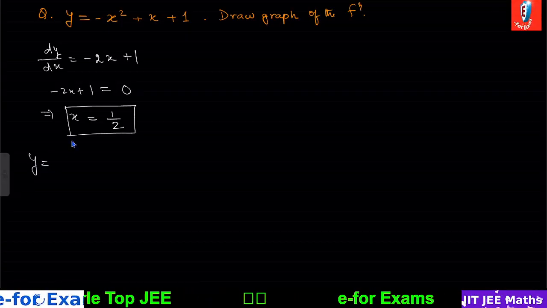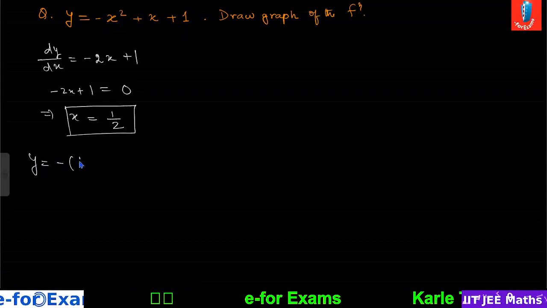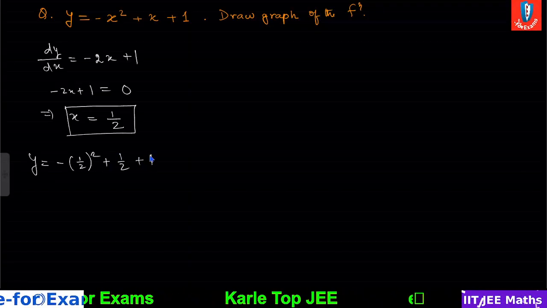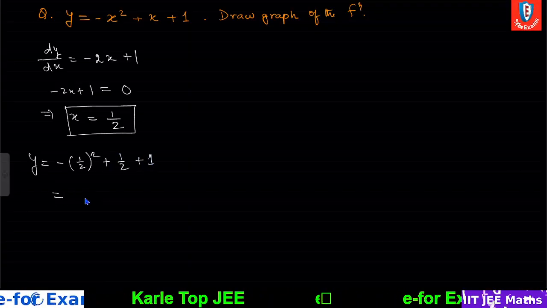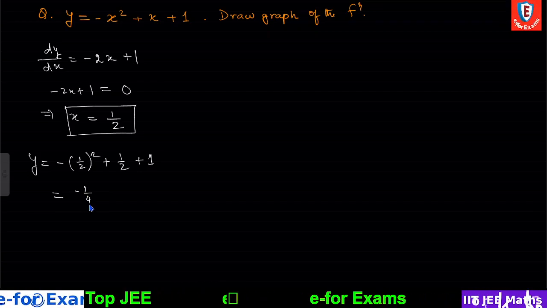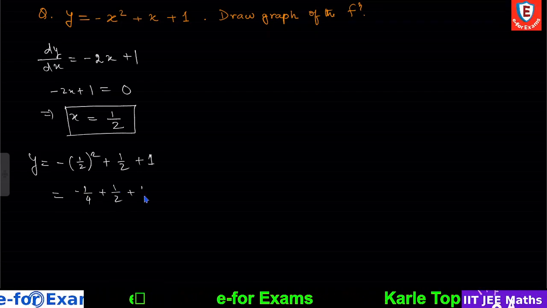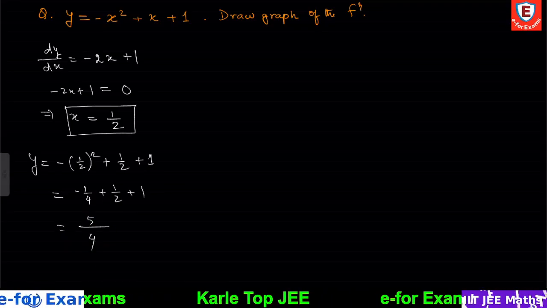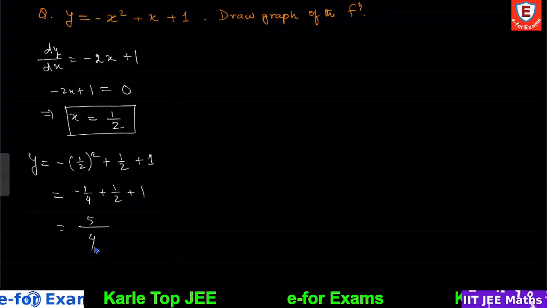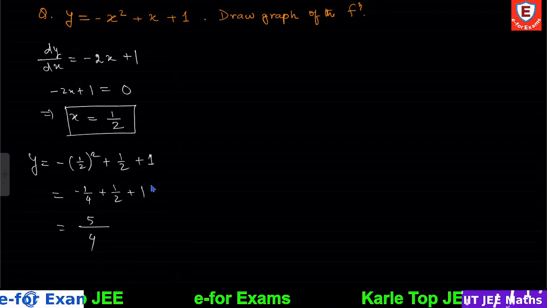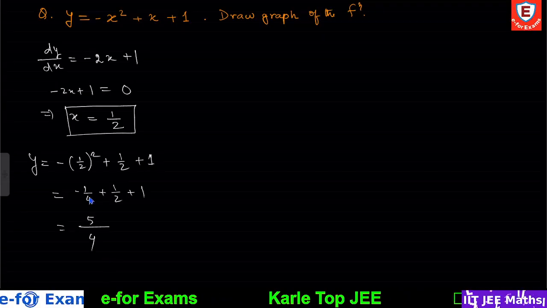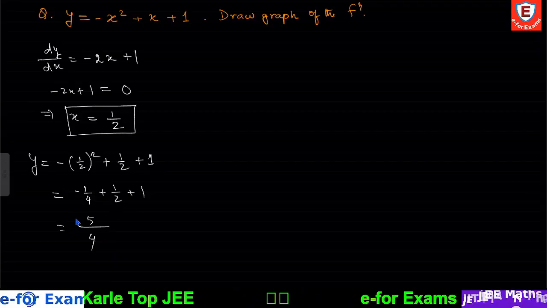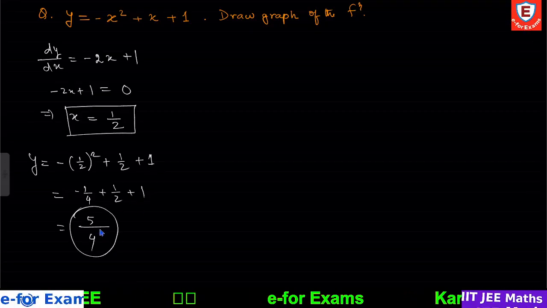Now y equal to, put here, minus of (half) whole square plus half plus 1. This implies y equal to minus 1 by 4 plus 1 by 2 plus 1. Here it is nothing but 5 by 4. Taking LCM 4, you will get this.